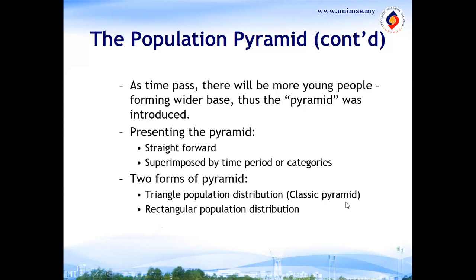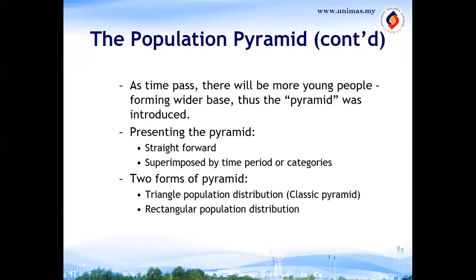The other one, by the way, is common for traditional society and also for the less developed countries, yeah, where the number of children are still relatively large. Right? The second form of pyramid is known as a rectangular population distribution. Actually, it doesn't even look like a pyramid at all. Yeah, the second one, but it is called a pyramid. Still called population pyramid, by the way.